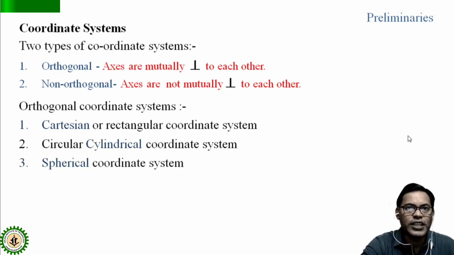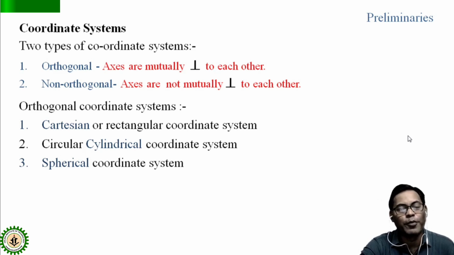Now the question is, why do we need to study different coordinate systems? Why not only the Cartesian coordinate system? Why not only the spherical coordinate system? The answer is, suppose we have a given problem. If we want to solve it in the spherical coordinate system, it may happen that it is very difficult to solve.